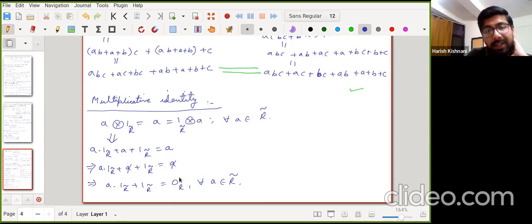So it's the additive identity of R. And as I said earlier, we cannot just multiply A with 1 of R tilde and say that it's A, because it's not 1 of R. It's something that we don't know yet. We have to find it. That's why I made the mistake in the earlier calculation. So this has to remain as it is.